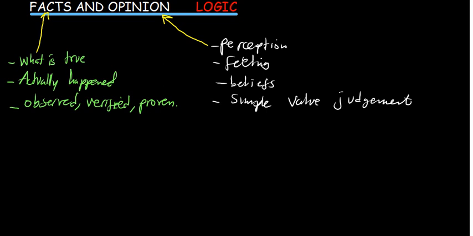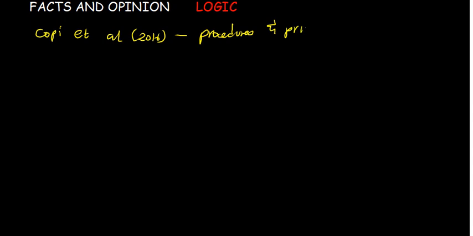Now, what is logic? We need to also understand what logic is. So when we are talking about logic, we have Cope et al., who in 2016 defined logic. According to Cope et al., the definition of logic is simply the procedures and also principles of reasoning.